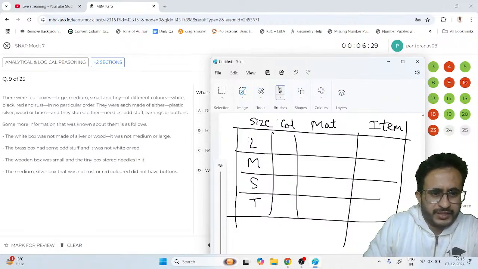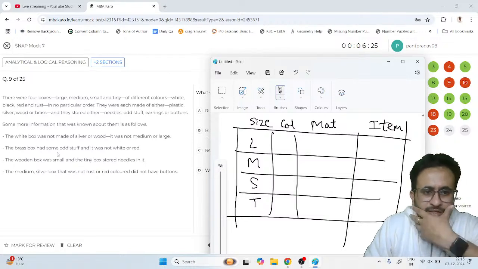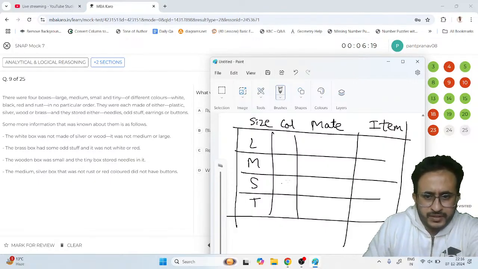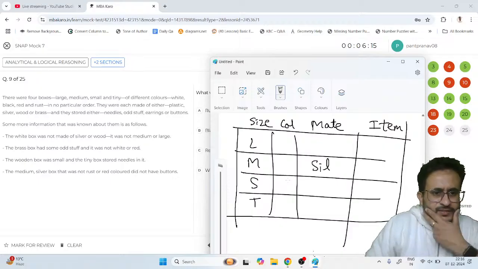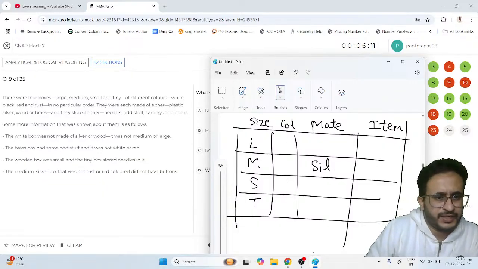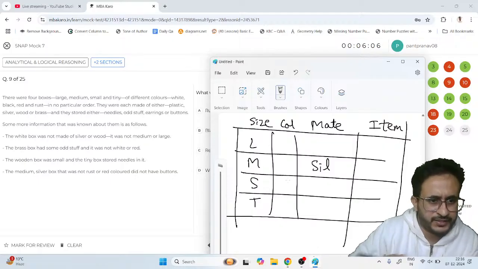Okay, so it says white box was not made of the medium silver box. So the medium box is of silver, and not rust or red color, did not have buttons. Brass box had some odd stuff and it was not white or red.